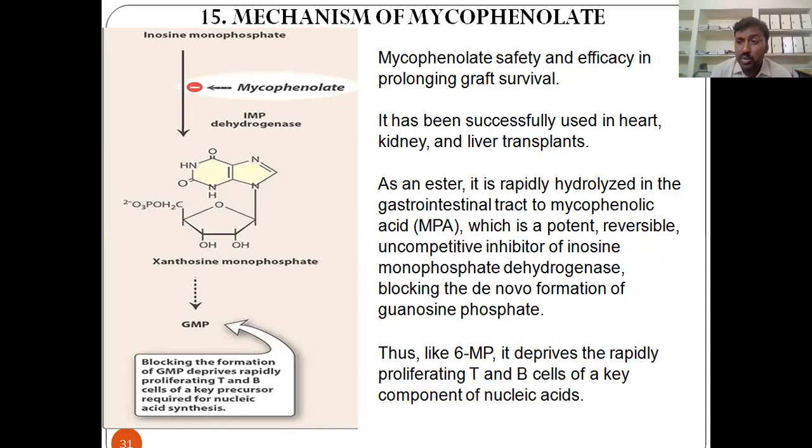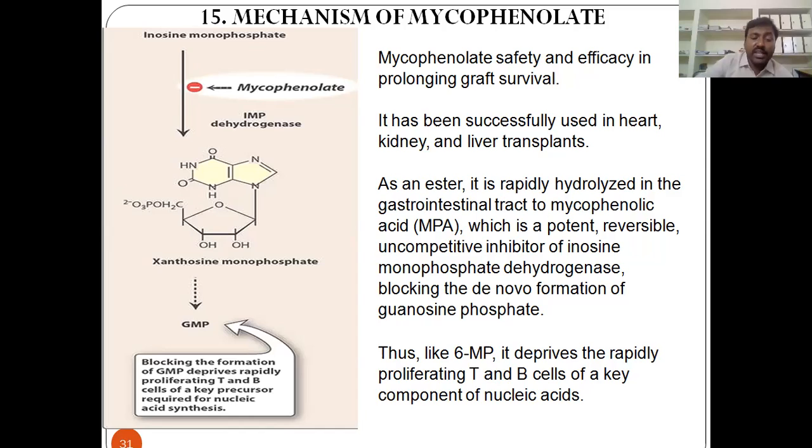The role of guanosine monophosphate is the rapid proliferation of T cells and B cells. When T cells and B cells are produced more in the body, immunity develops, either antibodies or T killer cells. When the T killer cells are more developed to kill the foreign material, we have to inhibit the T and B cells.